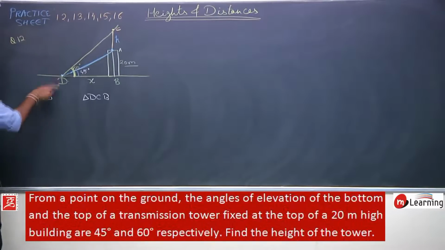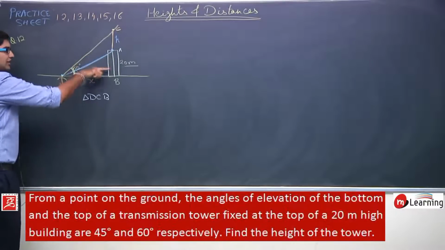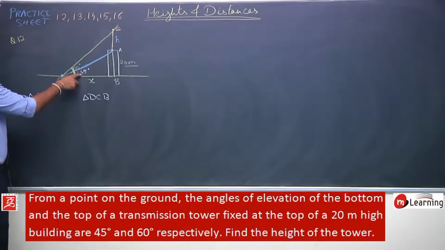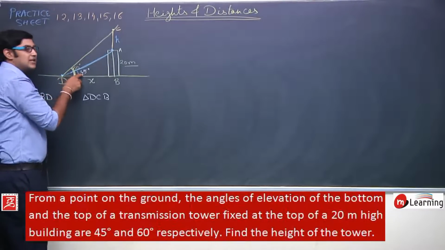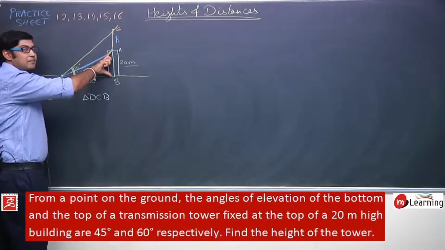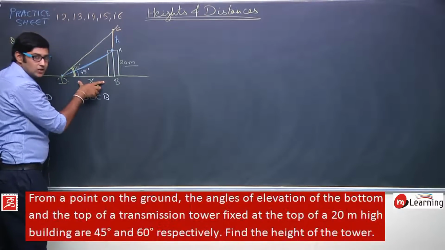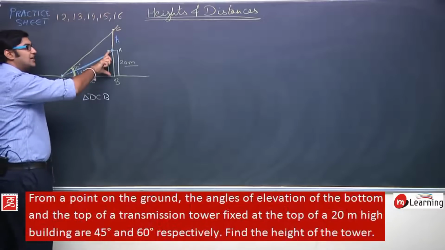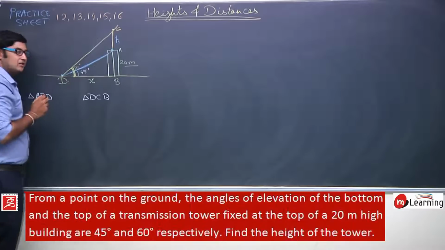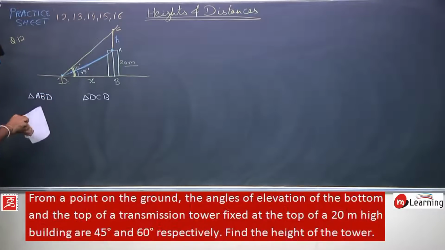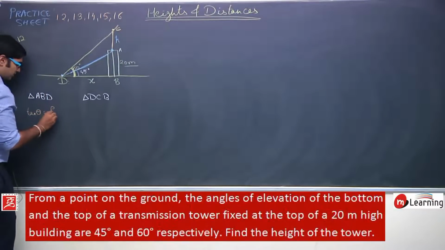Now in triangle ABD, in this particular triangle ABD, this angle is 45 degree. Now with respect to this angle, this AB is the perpendicular and this BD is equal to the base, okay. So which ratio relates perpendicular and base? We know the ratio is tan theta, which is perpendicular upon base.